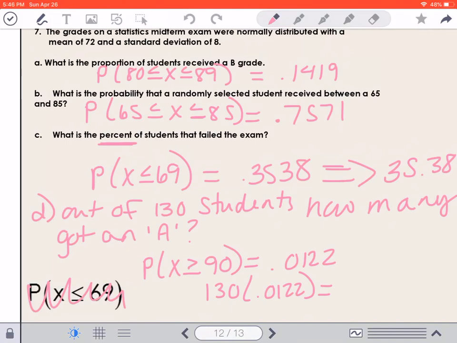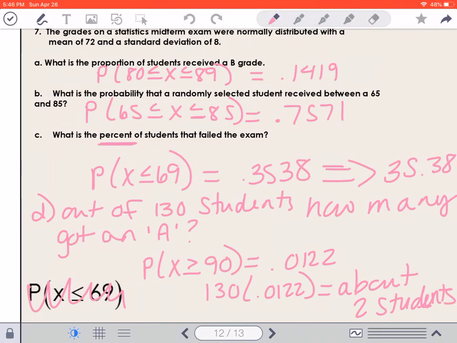So we're going to take 130 times 0.0122. That gives us, approximately, I'm going to say about 2 students. Okay, your actual number here that it spits out, your calculator, is 1.586.